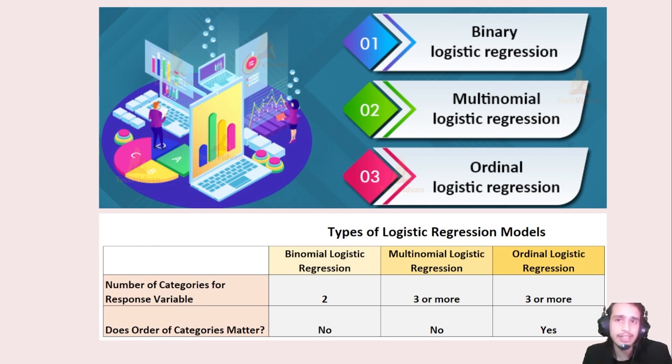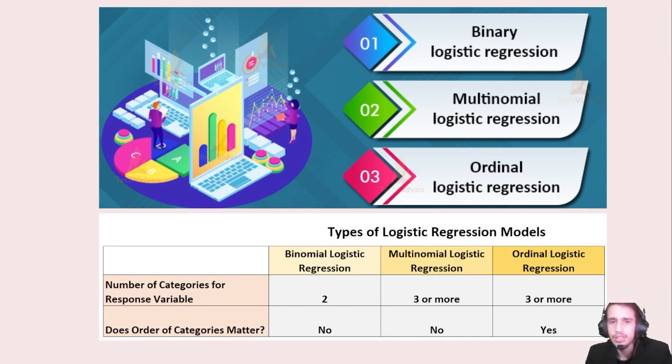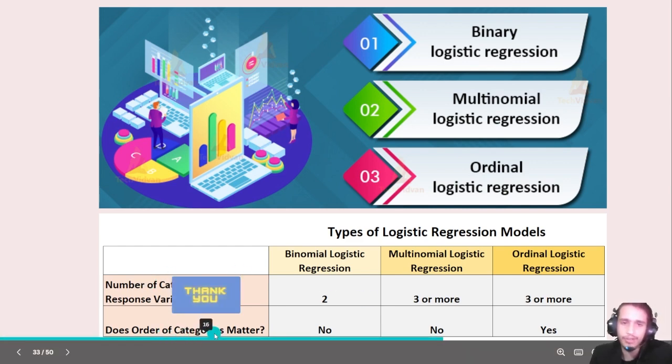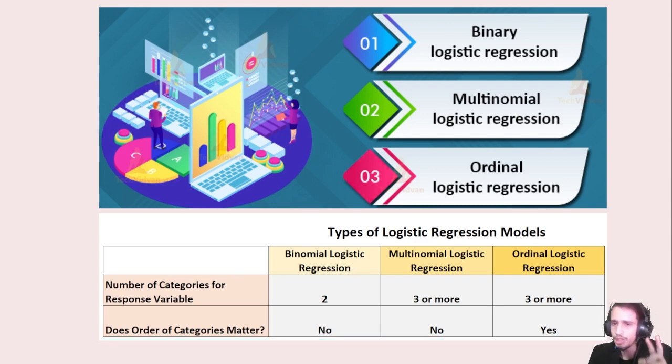So these are our three types of logistic regression, and this is a chart which is a good one if you are going for an exam. It shows the number of categories, and whether the order of category matters. Binomial has two categories, multinomial three or more, ordinal three or more.